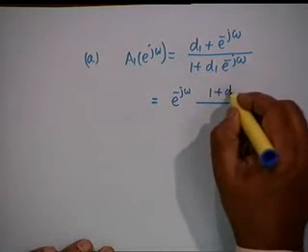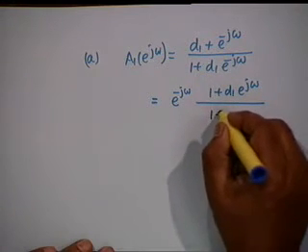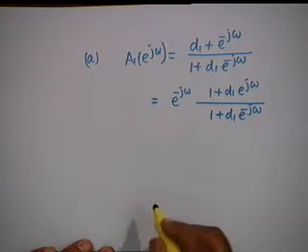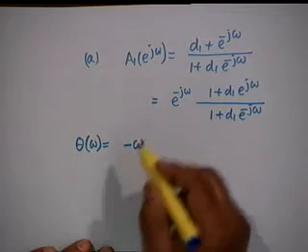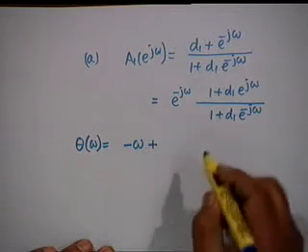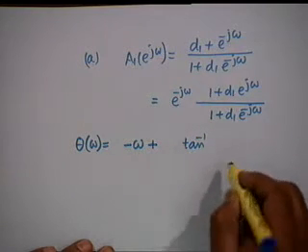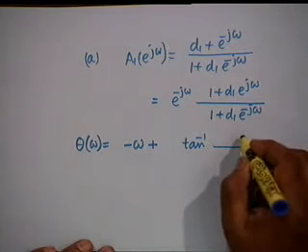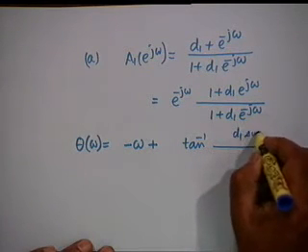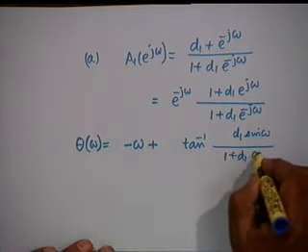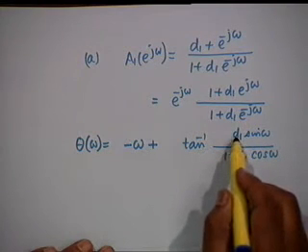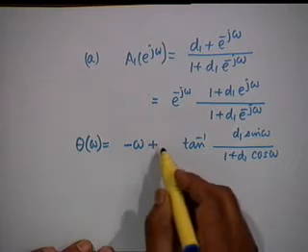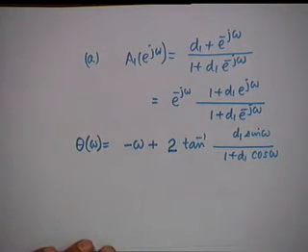So I get (1 + d1 e^jω) over (1 + d1 e^-jω), and therefore the phase is given by minus omega for this factor, plus for the numerator it would be tan inverse of d1 sin omega divided by 1 plus d1 cos omega, and for the denominator it shall be tan inverse minus d1 sin omega over 1 plus d1 cos omega, and therefore it would be twice. When you bring it to the numerator, the sign is changed, so it is twice.